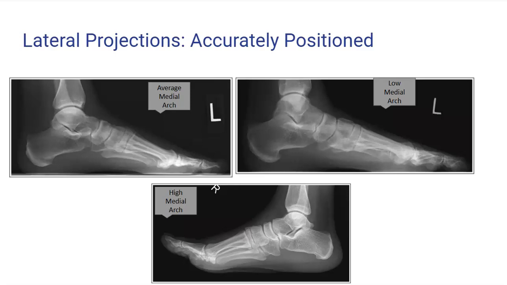Notice the degree of superimposition of the tarsals and metatarsals may vary dependent upon the arch. But image analysis or evaluation criteria requires that the metatarsal heads be superimposed, which we have checked in all 3 projections, and the talar dome should be superimposed. And again, we have checked that in all 3 projections.